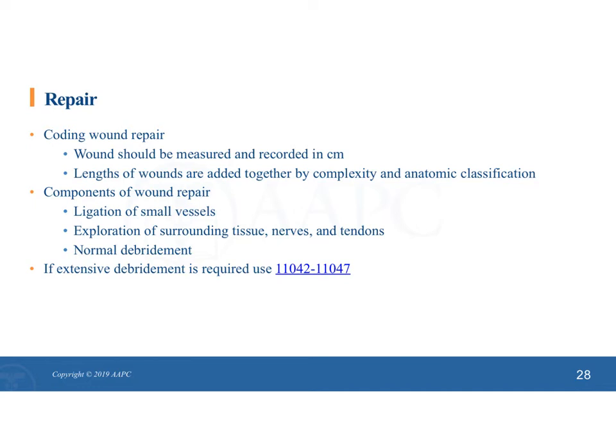Normal debridement is also included and not listed separately. If the wound is grossly contaminated and requires extensive debridement, a separate debridement procedure code may be coded, and these codes are 11042 through 11047.